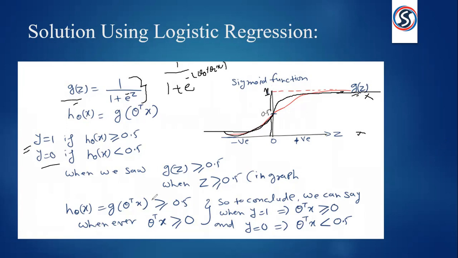So we can also conclude that y equals 1 when theta transpose x is greater than or equal to 0, and y equals 0 when theta transpose x is less than 0. This is the solution for the classification problem.